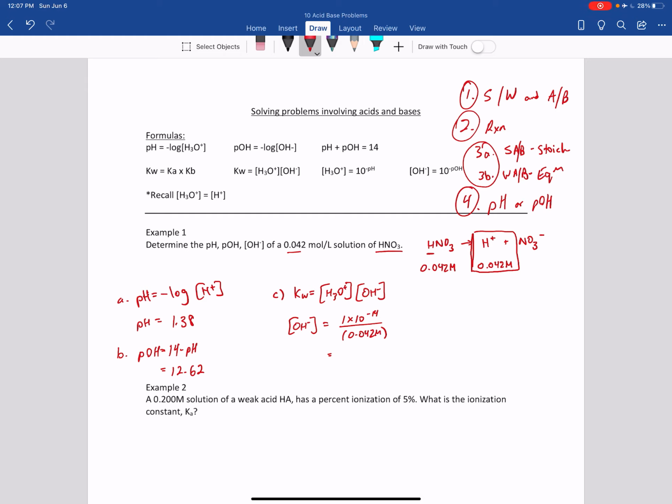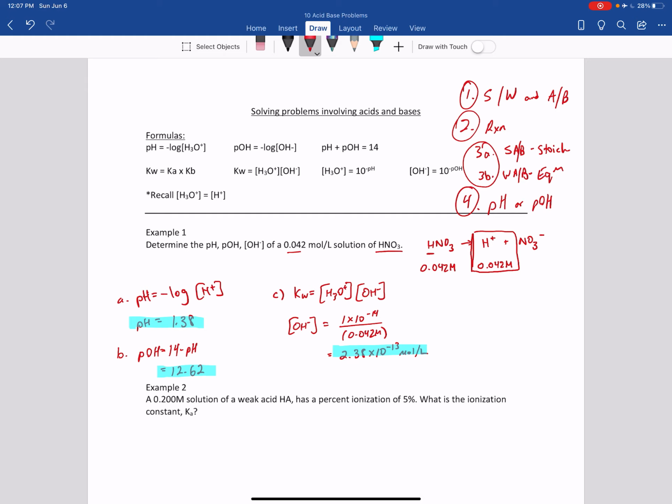When we punch that in, and always punch these in to try for yourselves, we get 2.38 times 10 to the negative 13 moles per liter. So those are our answers to this question: 1.38 is the pH, 12.62 is the pOH, and 2.38 times 10 to the negative 13 is the hydroxide concentration.